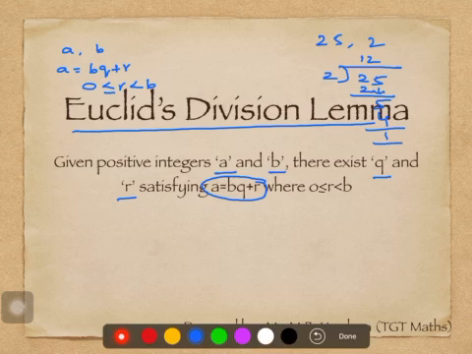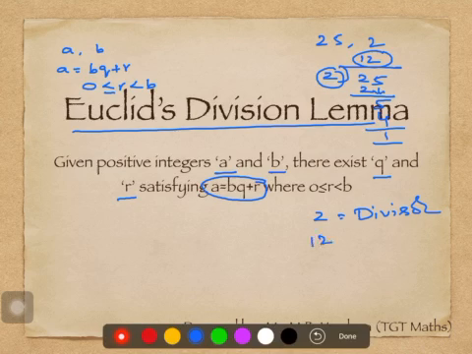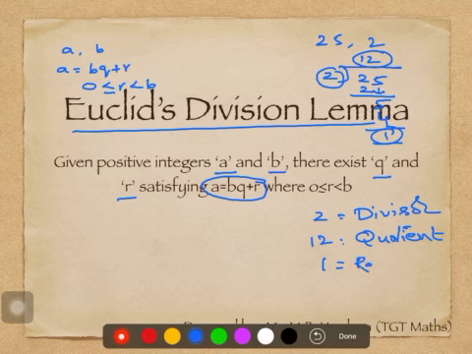Here, in this division, 2 is called the divisor, 12 is called the quotient, and 1 is called the remainder. The number being divided, 25, is called the dividend.